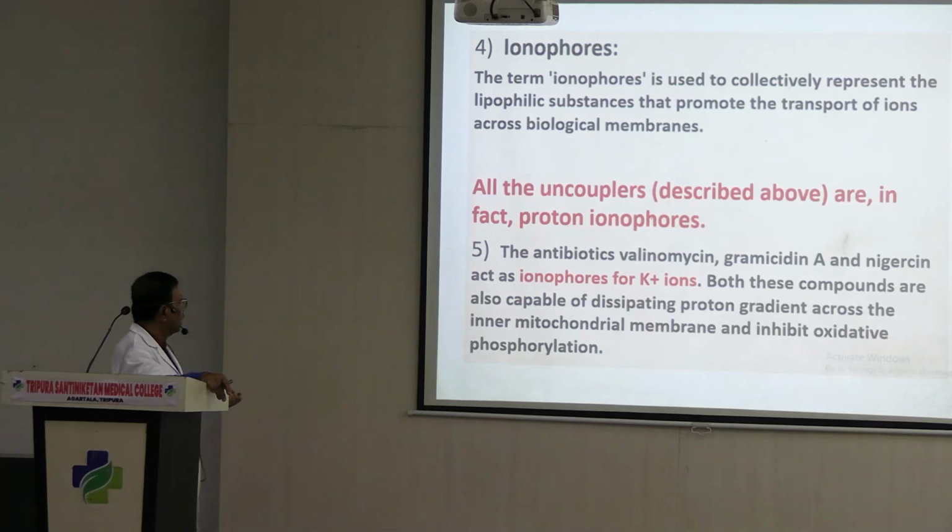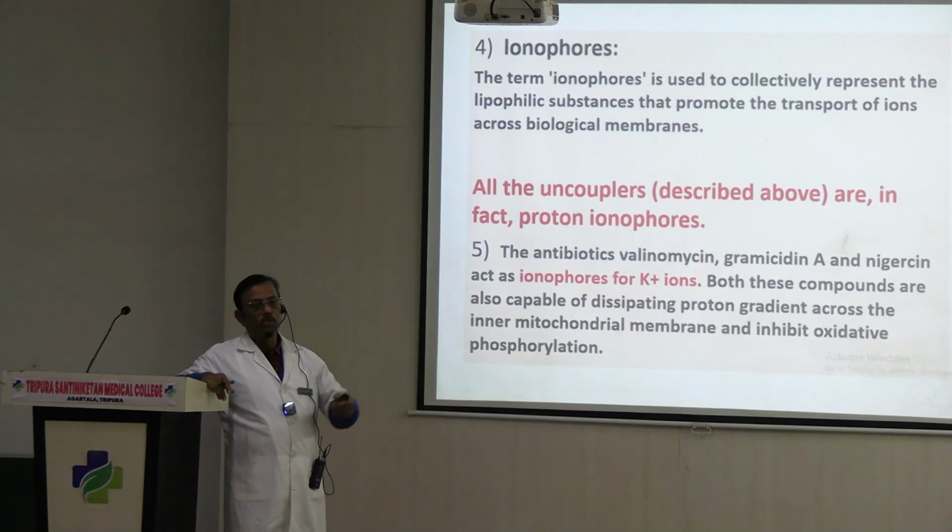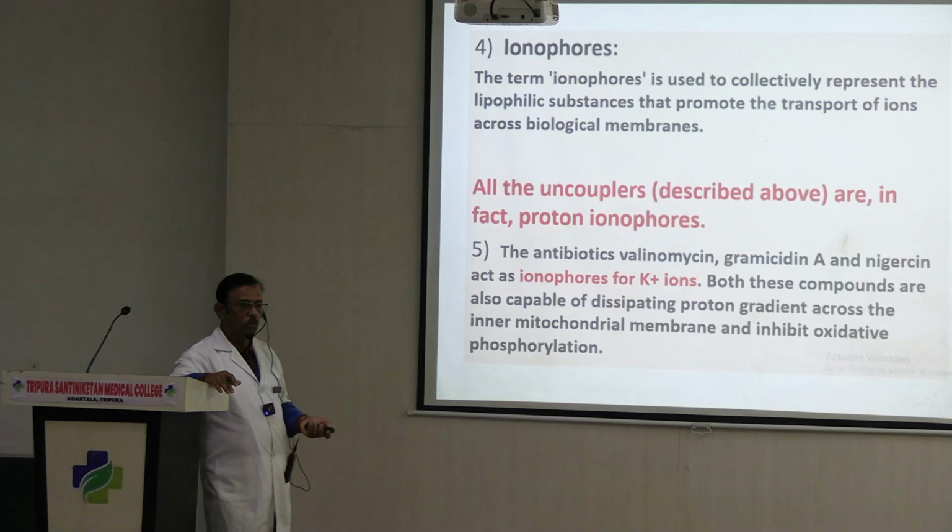These compounds are also capable of dissipating the proton gradient across the inner mitochondrial membrane and inhibit oxidative phosphorylation. If potassium ion is allowed to pass, the electrochemical gradient is dissipated, so there also ATP will not form.